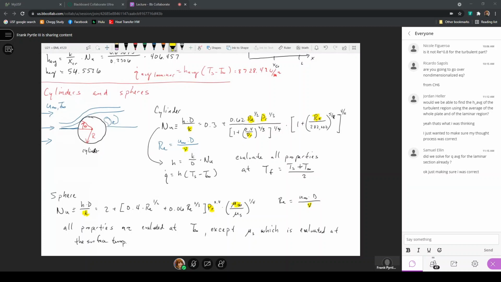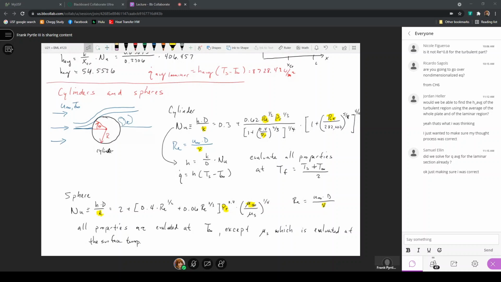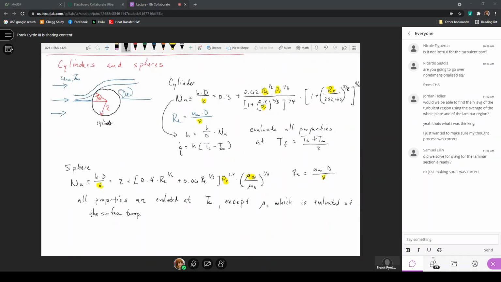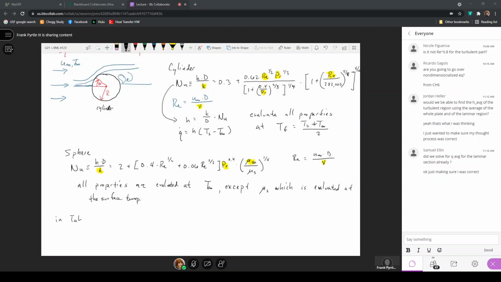So those two correlations are the ones that we typically are going to use for the cylinder and for the sphere. Actually, this is the only one that is presented for the sphere. Now, there are some other expressions that we can use for a cylinder that are included in table 7-1. In table 7-1 are multiple empirical correlations for the average Nusselt number for external flow over circular and non-circular cylinders in a cross flow.